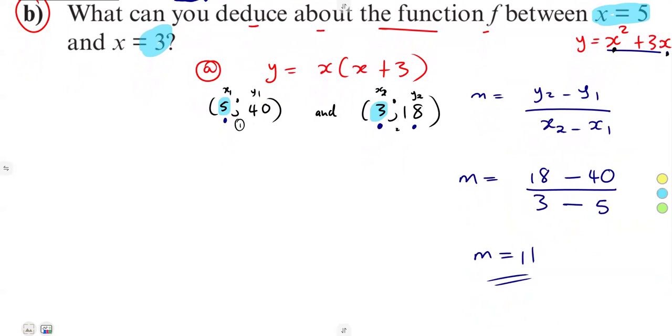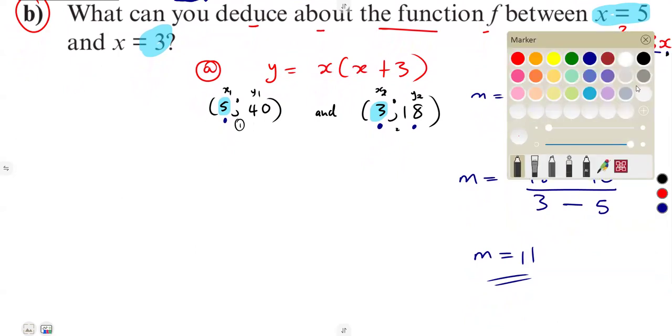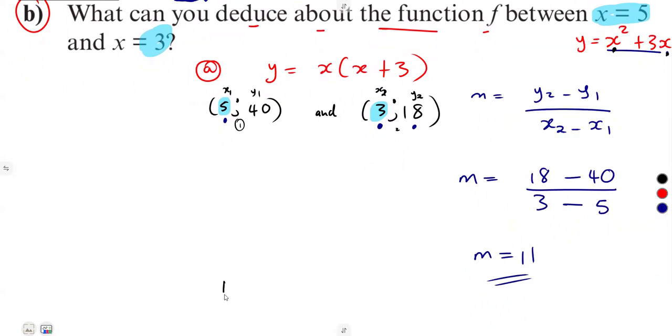But we are asked to say, what is it that we can say about that gradient when the gradient is positive, taken between 2 points like this? It means the function is increasing between those two given points.